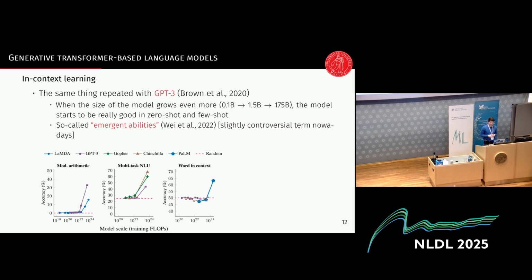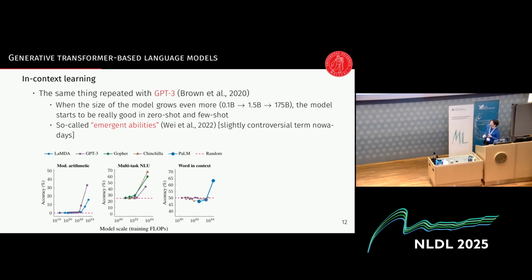But this bigger model became very good at in-context learning, which is what we call this prompting, where you don't have any supervised data. You just treat this model as a supervised model. Sometimes you can also hear the term emergent abilities, which describes this behavior when at smaller sizes these models are not able to do in-context learning, but then suddenly, at some point, the performance jumps up, and the models are very good at doing tasks without actually being trained on these tasks.